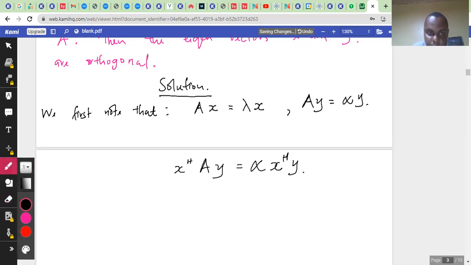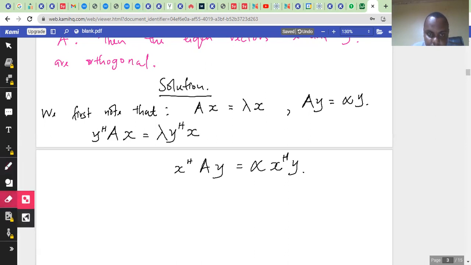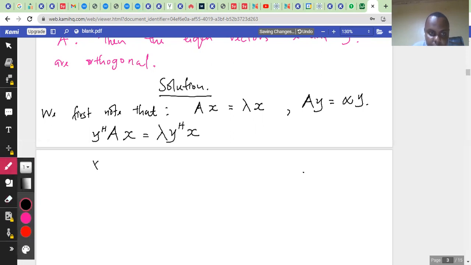We've done y^H A x equals lambda y^H x. And then this one, x^H A y equals alpha x^H y.